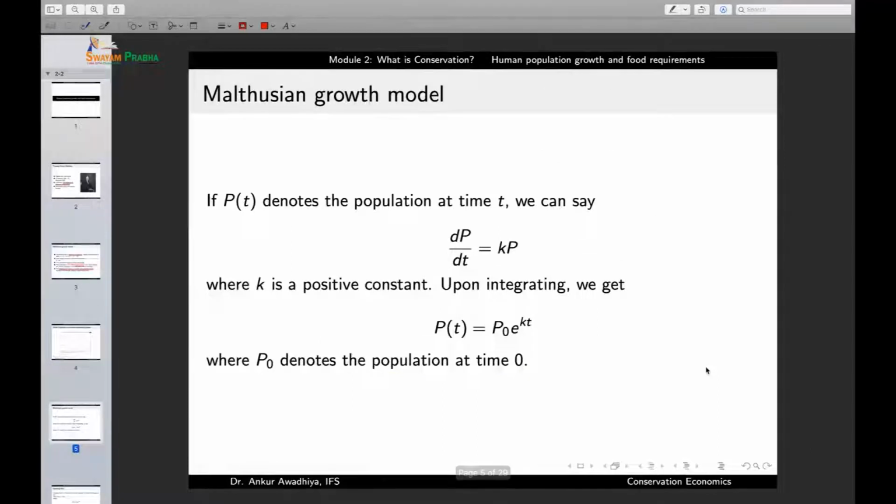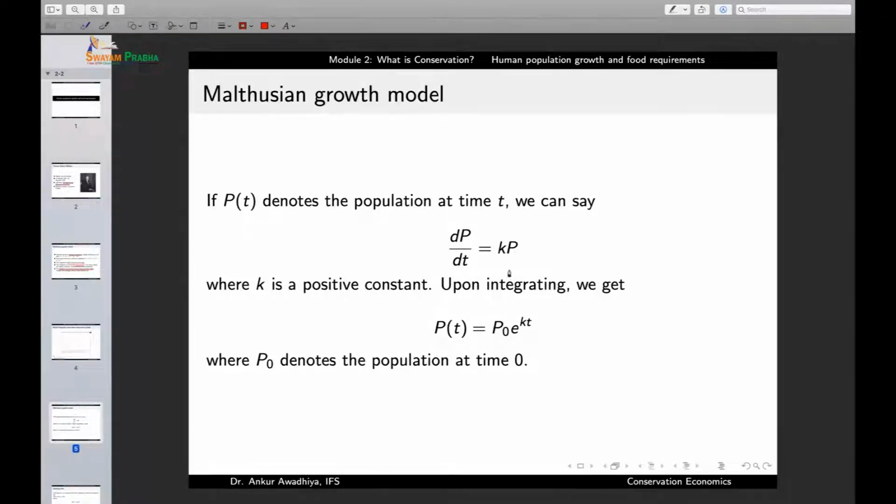And we can represent it mathematically by saying that if Pt is the population at time t, then the rate of growth of population is proportional to P. So the rate of growth is change in the population per unit time. It is proportional to the population P, and k is the factor that joins both of these.